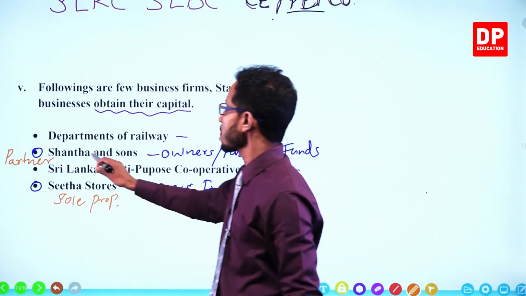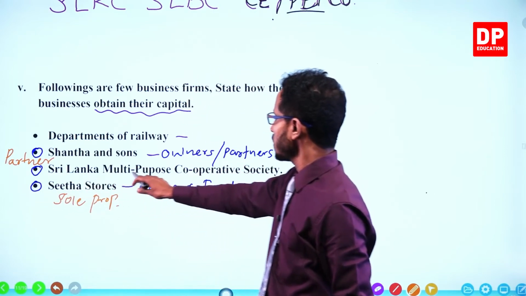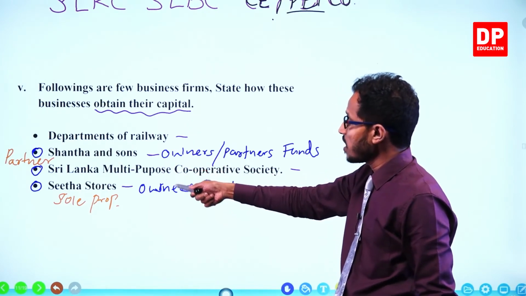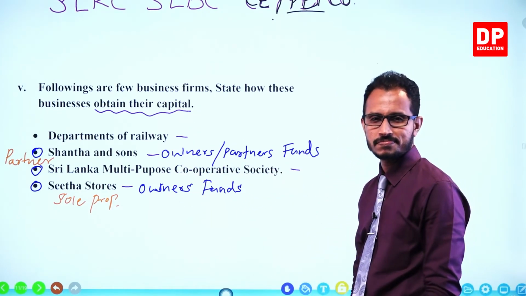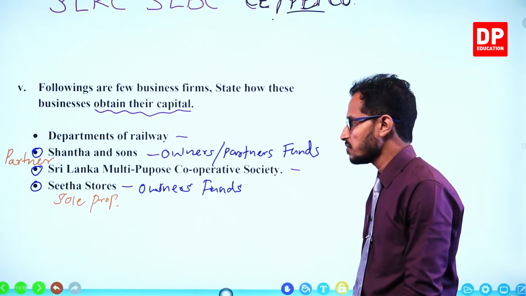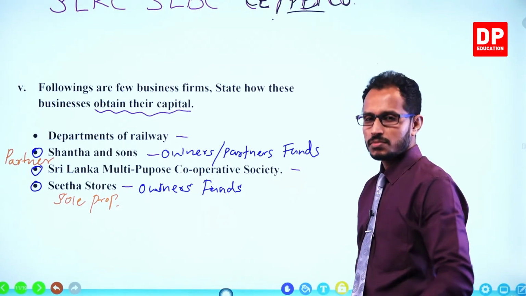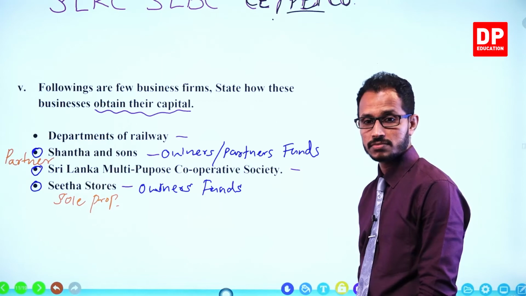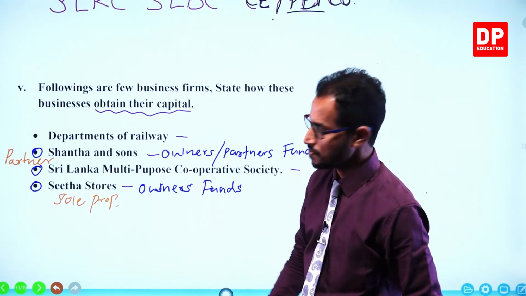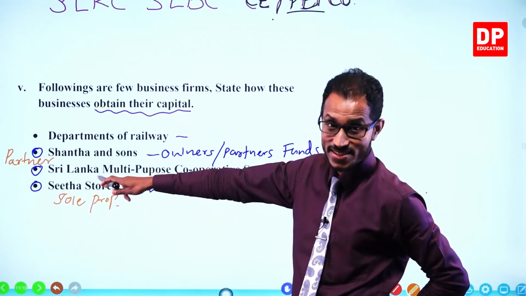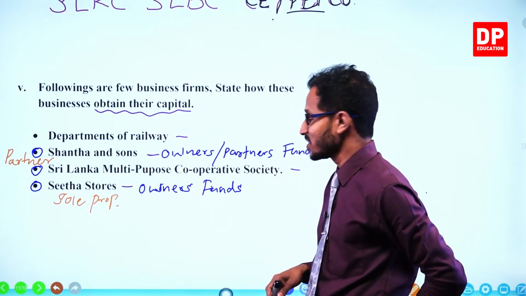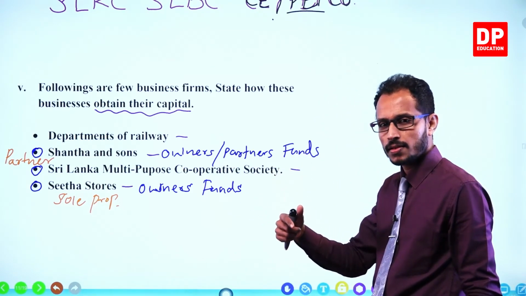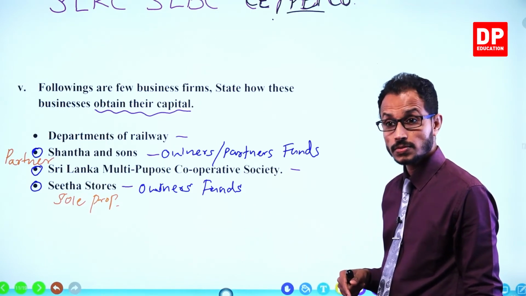Next, I'm going to take the multipurpose cooperative society. Vividha Seva Samupakar Samitiya. I'm sure that you have seen these. People say Samupakare. Multipurpose cooperative society. How do they get their capital? Does the government provide capital?